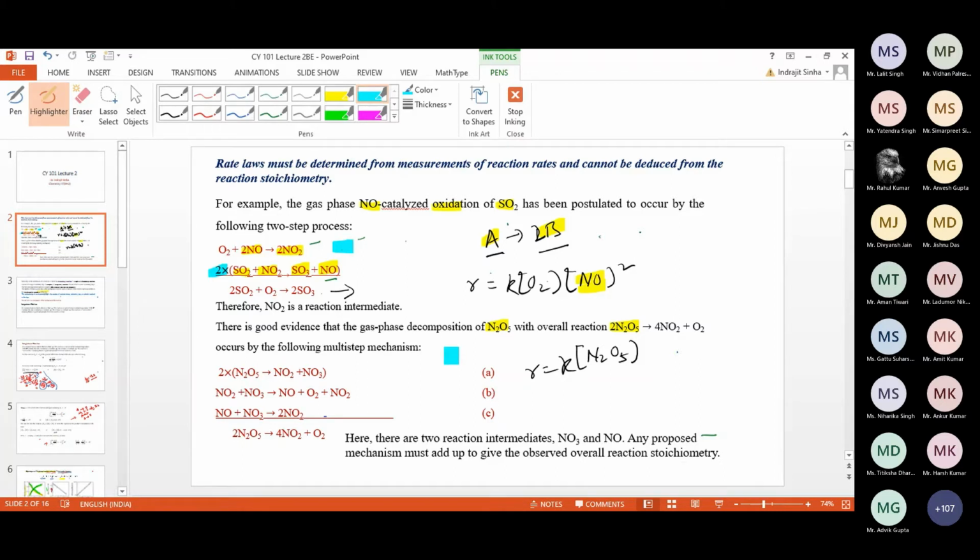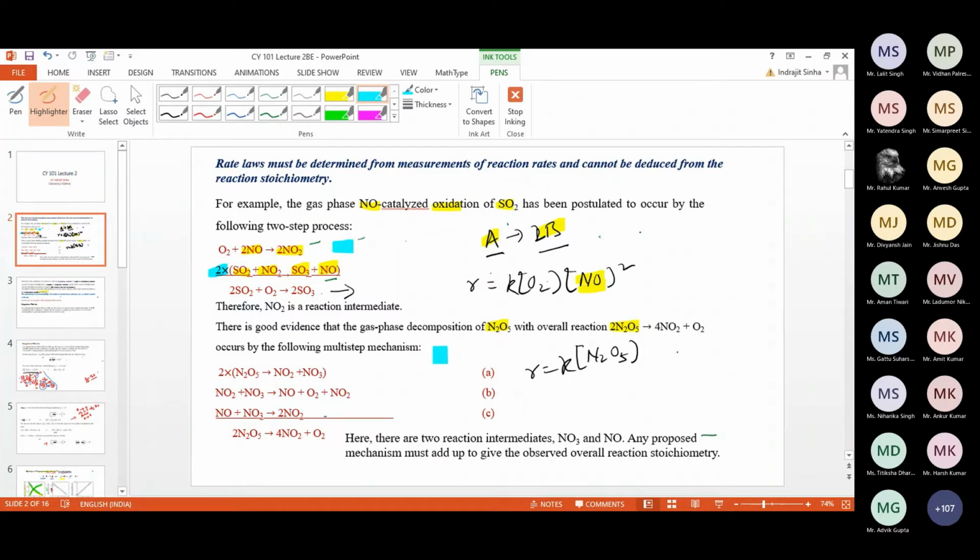But this mechanism also must have the support of other experimental evidence. For instance, the appearance of the intermediate, right, the NO2, etc. And ultimately it must agree with the experimental rate law.